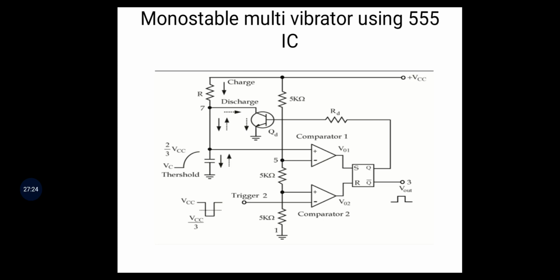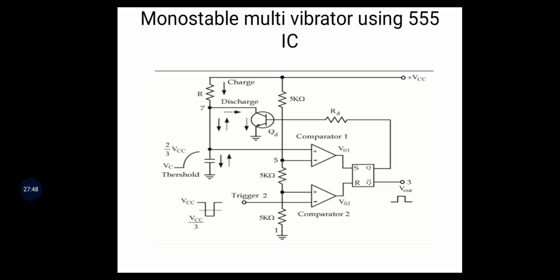The duration of the pulse depends on the values of R and C. As it has only one stable state, it is called a one-shot multivibrator or monostable multivibrator.